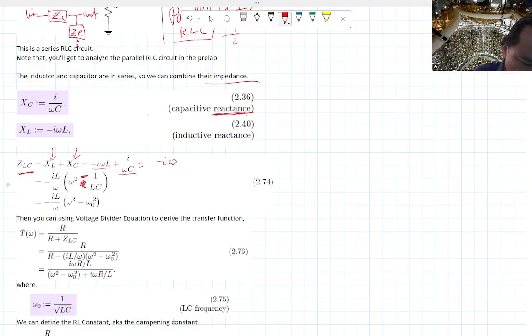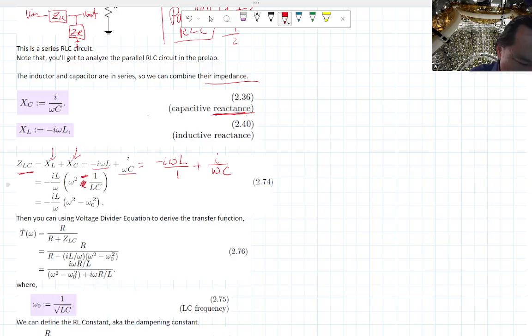So i omega L. I'm going to write these terms out and give myself a little space to add some factors. So that's how you analyze this. What I want to do is pull out a negative i, an L, and an omega.